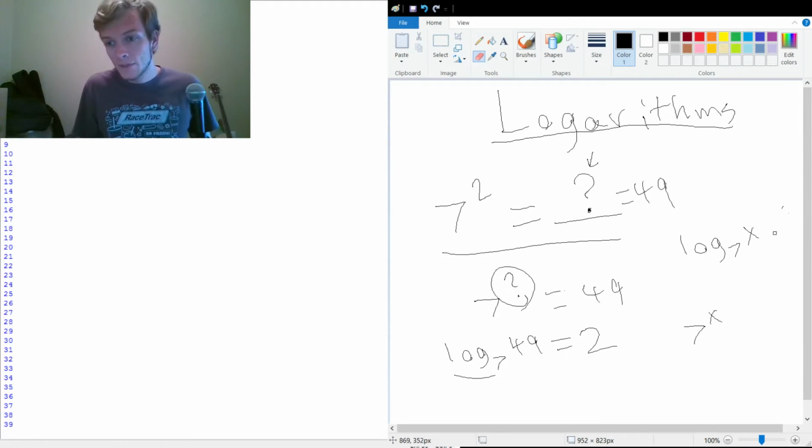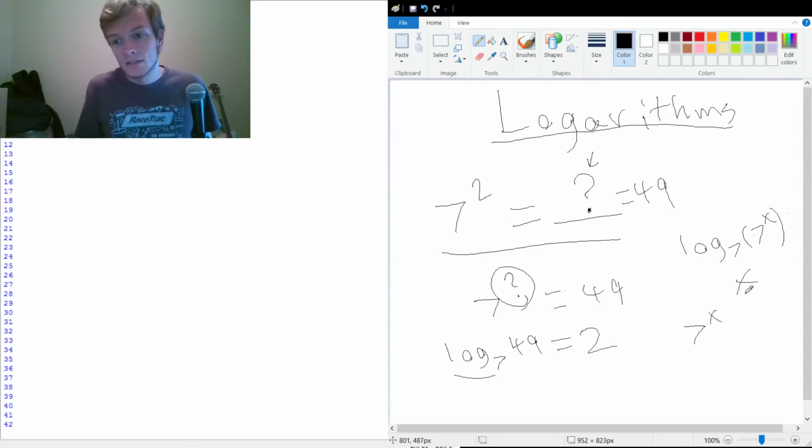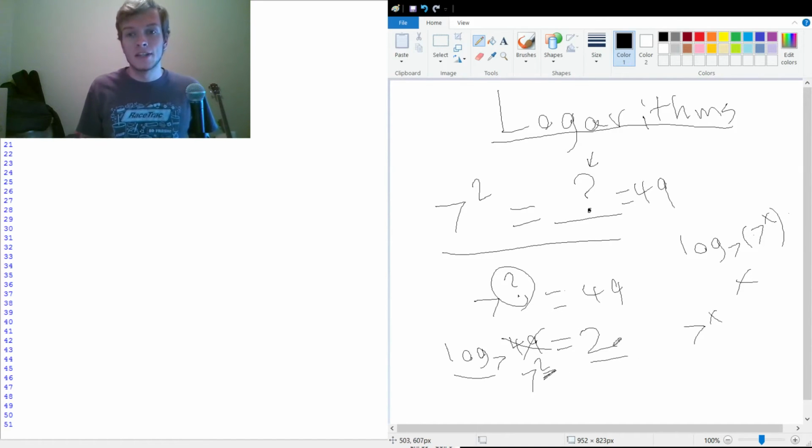If we take the log base 7 of 7 to the x, then we should get x, right? Because this is essentially log base 7 of 7 squared. So this would be our x term, and it becomes the answer.